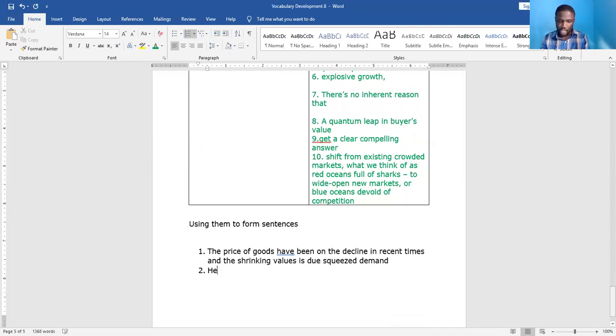Now let me use another word here, reply and come up with. He has given me a response to my question, and his reply connotes he knew nothing about the whole mess.